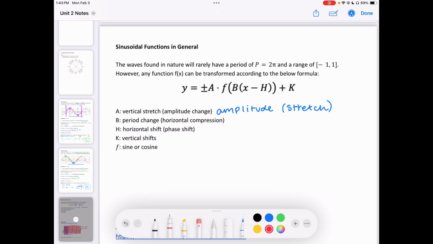I like to write it as how many cycles do we have? So how many full cycles do you have from 0 to 2 pi? H is the horizontal shift or the phase shift. That's going to be moving left or right. Horizontal movement, and then K is going to be our vertical shift.